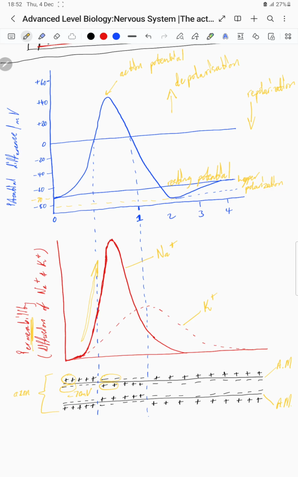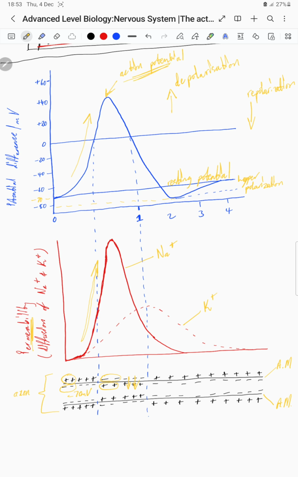Since the gates have opened, we'll see on the blue graph that it also starts to rise because more positive ions are entering the axon. This continues until we arrive at a potential difference of about plus 40 millivolts, and that's where we have our action potential.